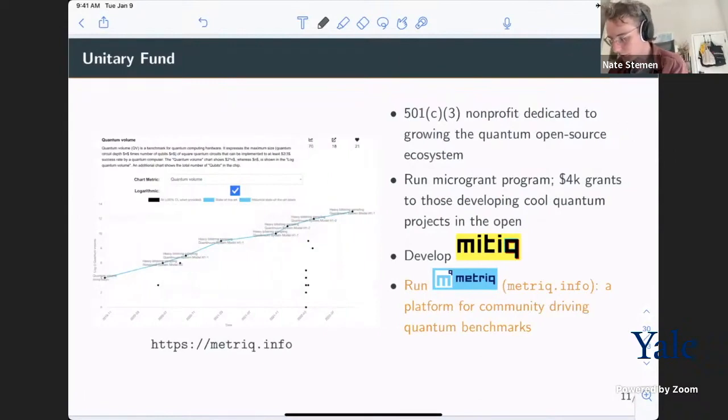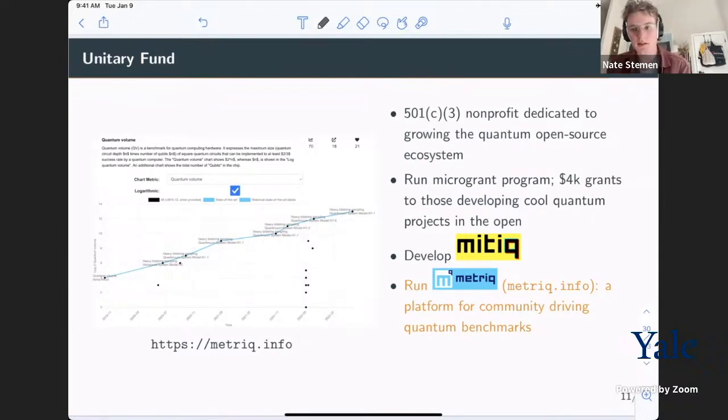The other thing that we do at Unitary Fund is we have a community-driven benchmarking platform called Metriq, with a Q, of course. Have to have a Q in any quantum project that is in existence. So it's smushed in there. Basically this is a platform to understand, to collect, to collate information about quantum benchmarks.